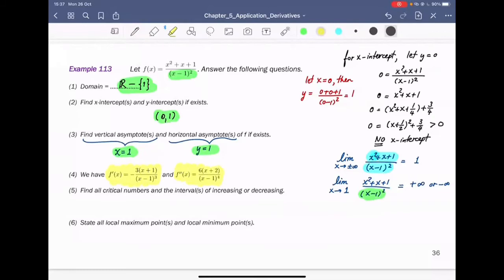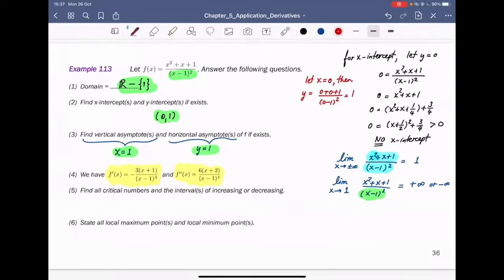We're going to just give it to you immediately. If you use the quotient rule to differentiate, you're going to get f prime and f double prime. But to make it more convenient and to avoid your mistakes, we just gave you this. Now you already have the first and second derivative.